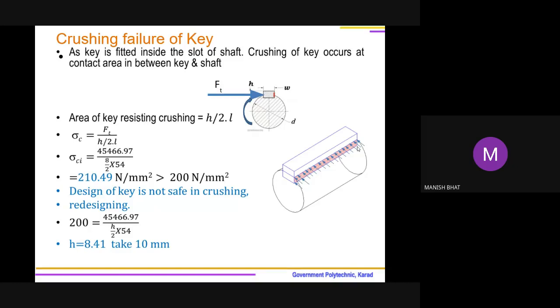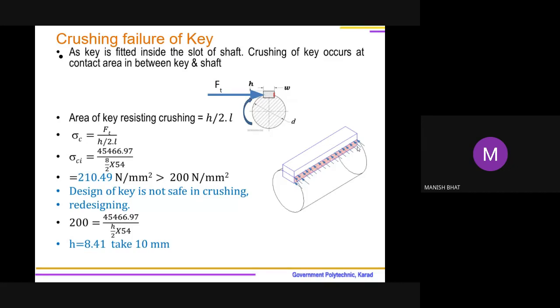But for such materials which are strong ones, tensile and crushing strength used to be equal. So previously we have taken equal. Okay, we have taken sigma t equal to sigma c equal to 200, but here crushing is occurring, and it is showing that the design of key is not safe in crushing.